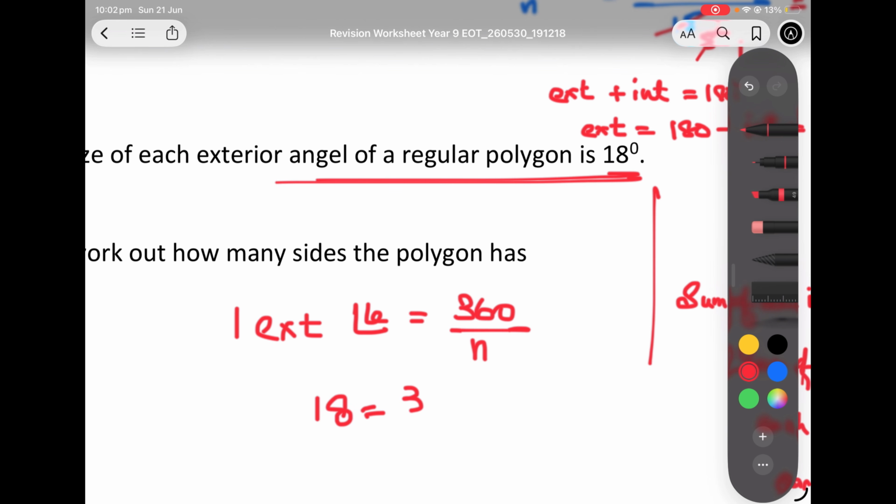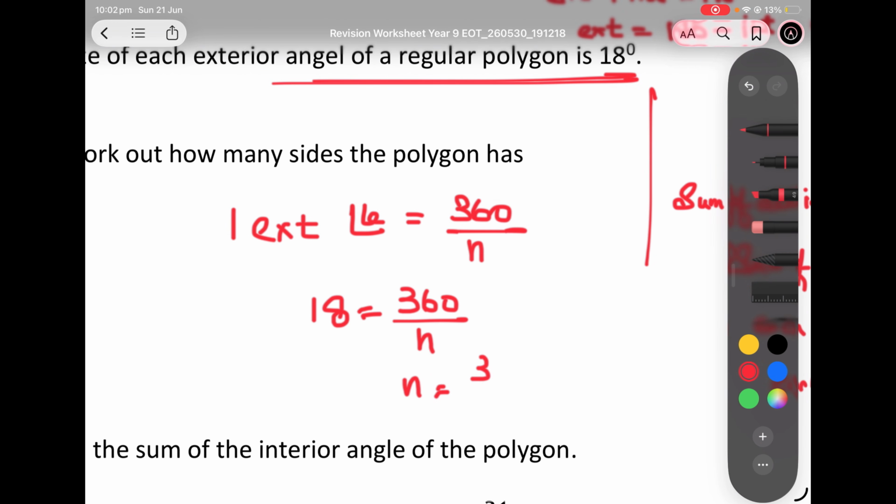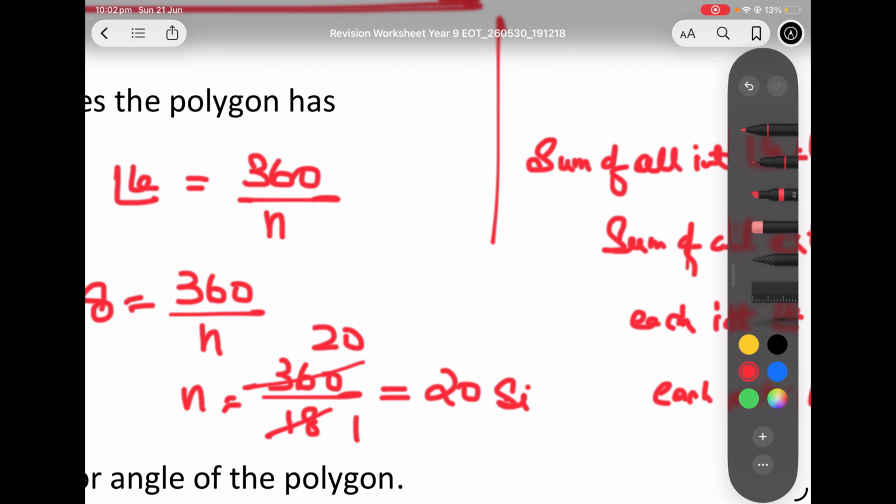So 18 is equal to 360 by n. So n would be 360 divided by 18. 18 ones are 18, 2s are 36, 0s are 0. So it is a 20-sided figure. How many sides are there? 20 sides will be there in this polygon.